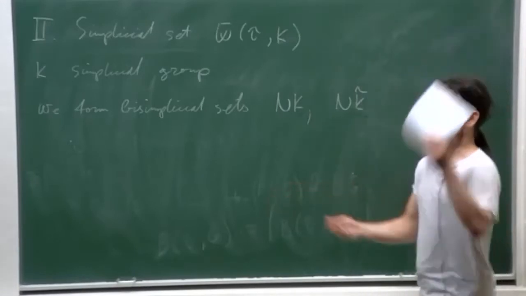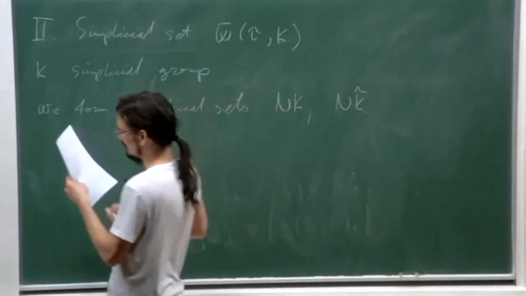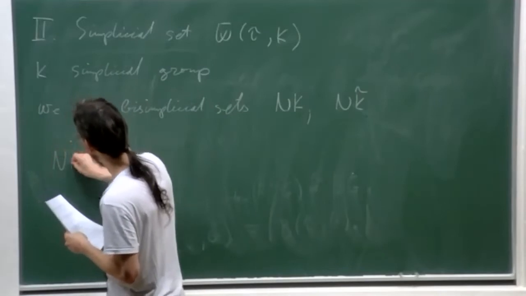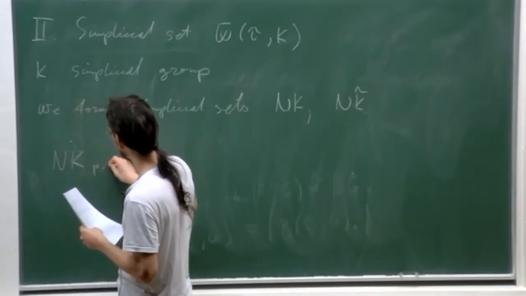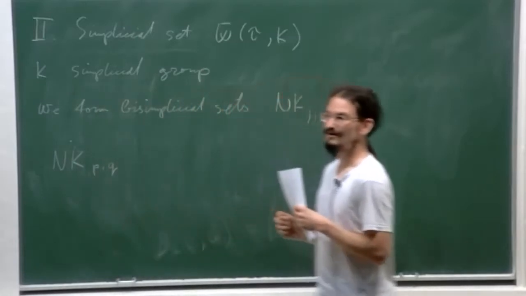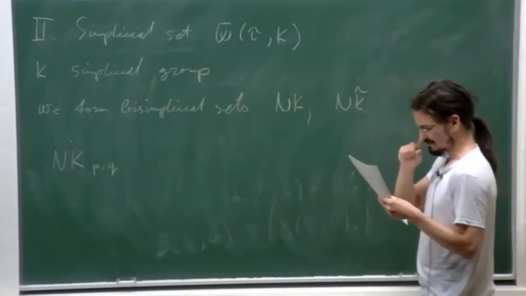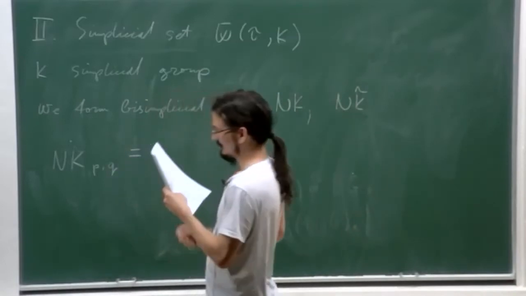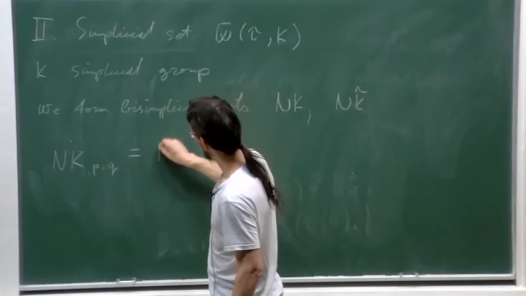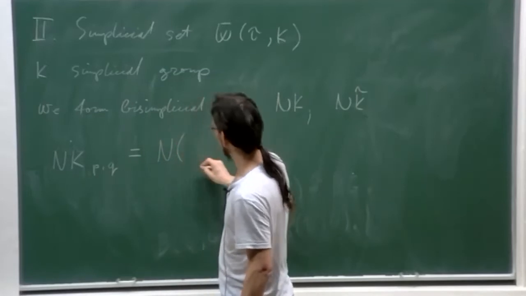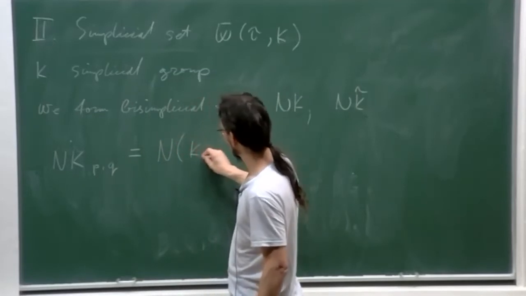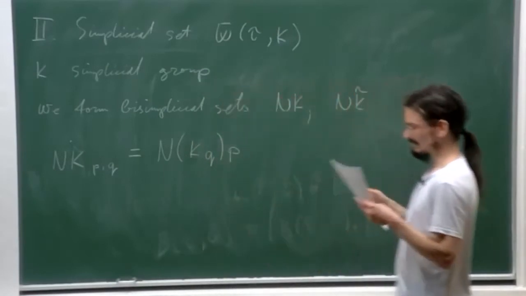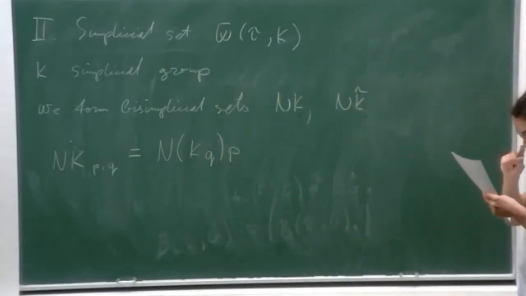To say which axis is which, I want to say what the p,q simplices are of this bisimplicial set NK. These are going to be p simplices in the group K_q. So that's the convention we choose.